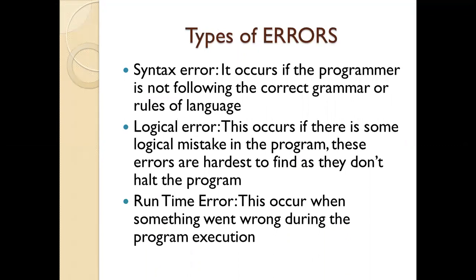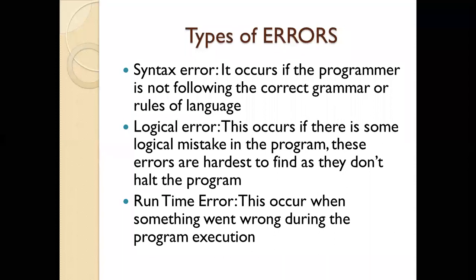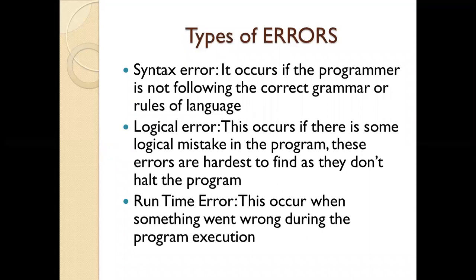First is syntax error. Syntax error means it occurs if the programmer is not following the correct grammar or the rules of a language. For example, if I'm using a language C, then I have to use print word to give the output. But if I'm using a C++ language, then I have to use cout.